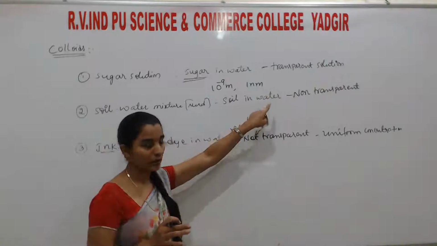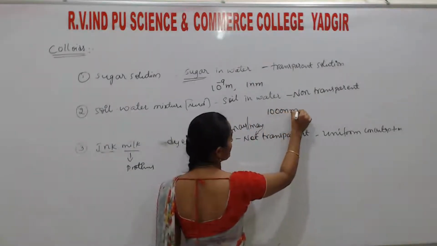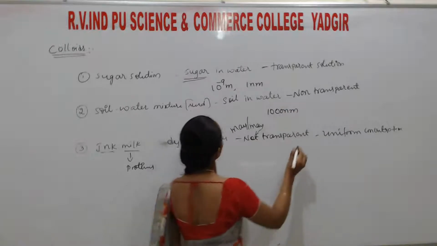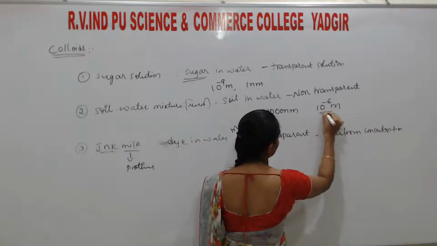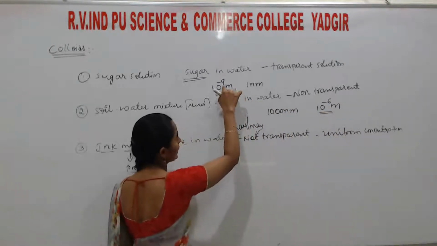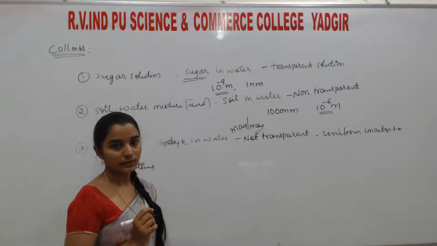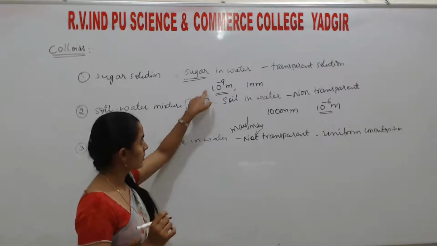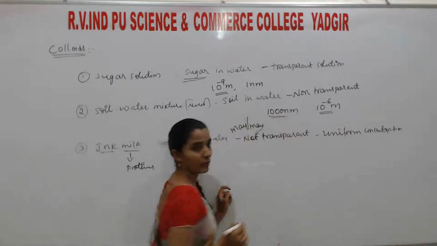Mixed up with water. So this is 1000 nanometer in size. 1000 nanometer means 10 to the power of minus 6 meter. Here is the difference, you know: 10 raised to minus 9 meter here, 10 raised to minus 6 meter here. Okay? This is 10 raised to minus 9 meter or 1 nanometer. This is 1000 nanometer.